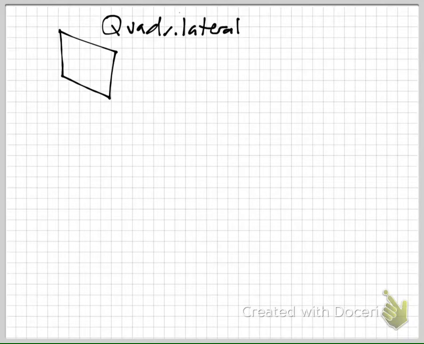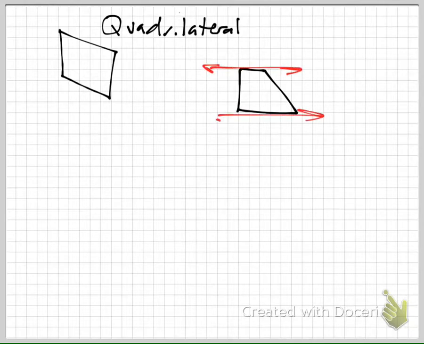Do you see this set of parallel lines there? Is this and this parallel? No. So how many sets of parallel lines are here? One set. If there's one set, then it is a trapezoid. Right?